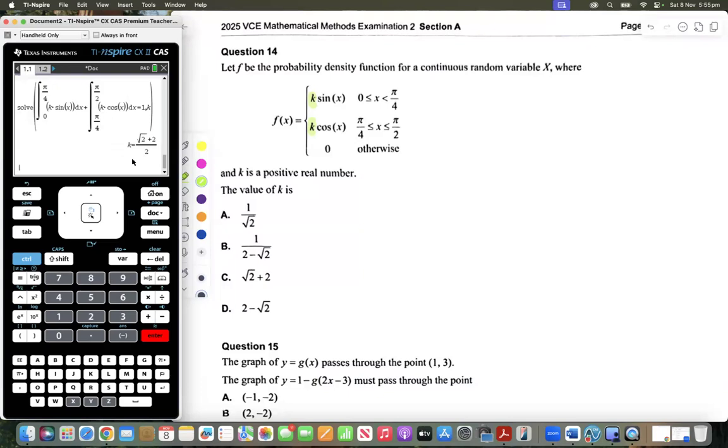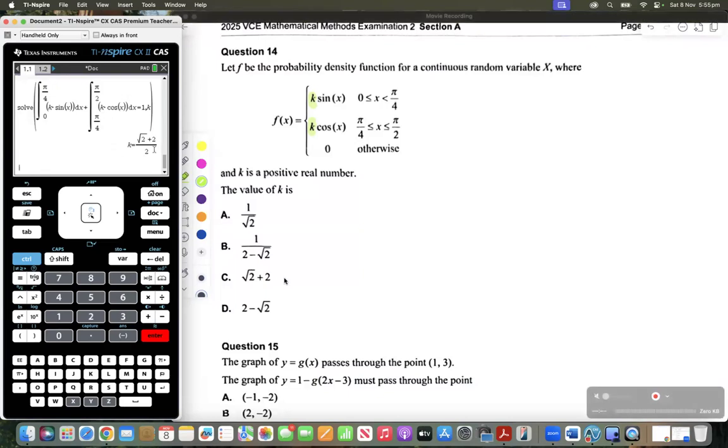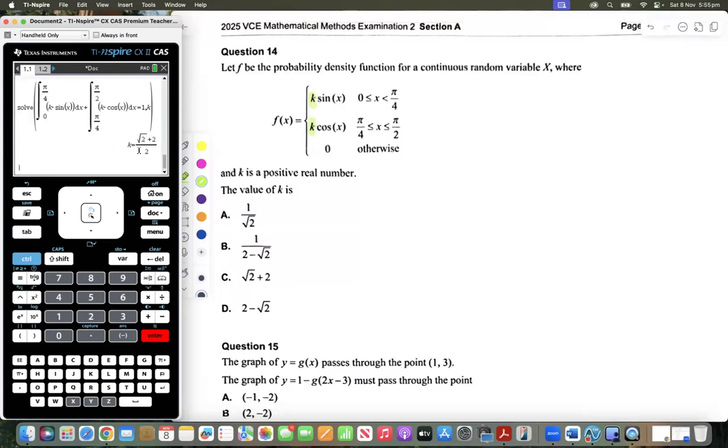No. I think this is the rationalized answer, the calculated answer is rationalized. Let's try to de-rationalize this. Okay, I have root 2 plus 2 over 2, multiply top and bottom both by the conjugate, which is root 2 minus 2 divided by root 2 minus 2.